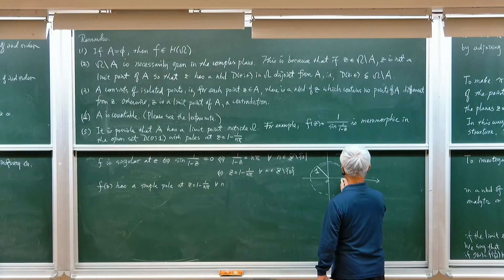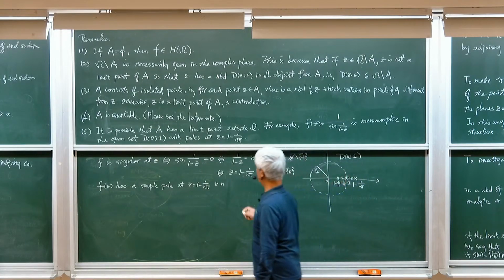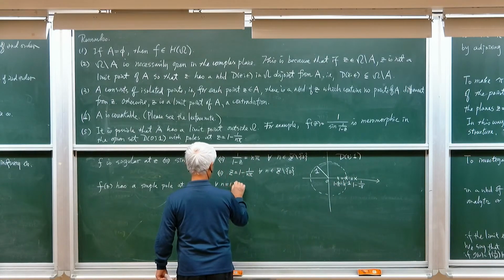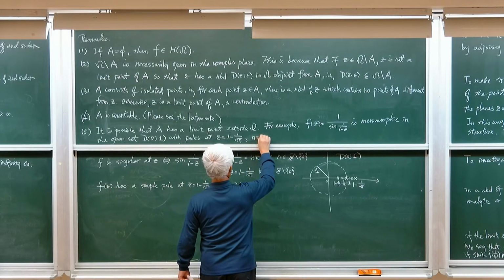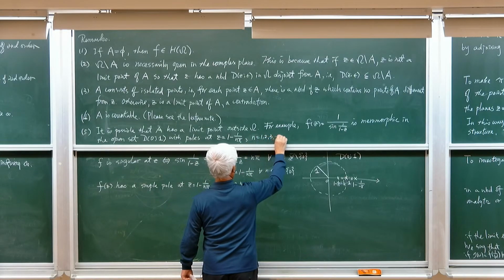And similarly, you have the pole here, etc. So this is n equal 1, 2, 3, etc.